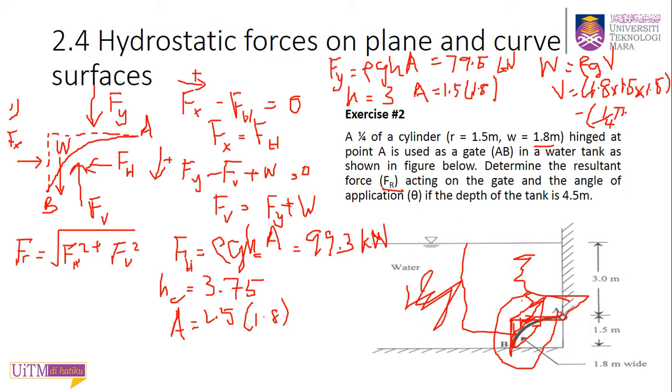What's the r value in this case? 1.5. So 1.5 squared, pi r squared, times 1.8.